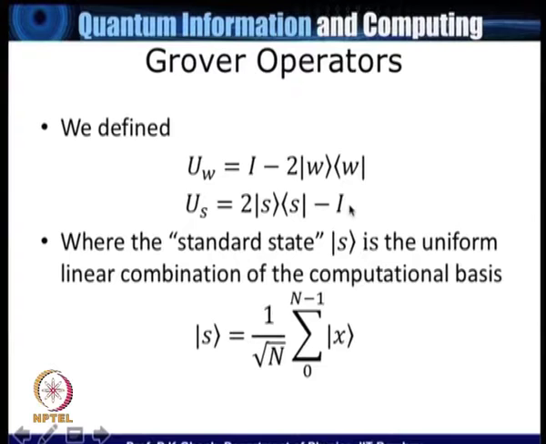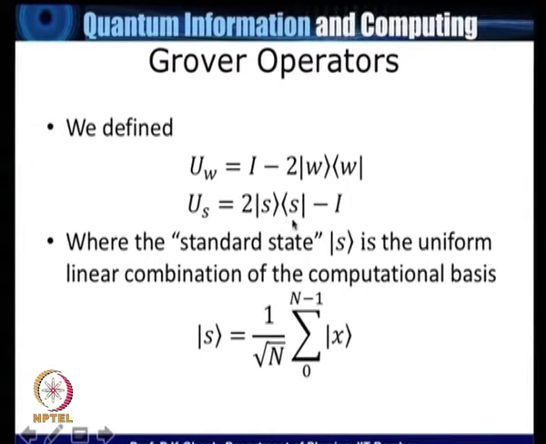So what happens is this, that now S, as I told you, is a uniform linear combination of the computational basis, so n-qubit computational basis, 1 over square root of N sum over x equal to 0 to N minus 1 of ket x. Now if this U_S acts on this S, notice this is a typical structure, S is an operator, so that I get S itself.